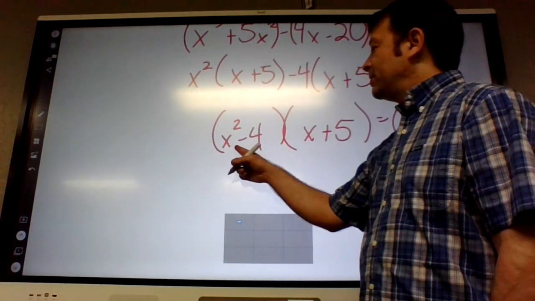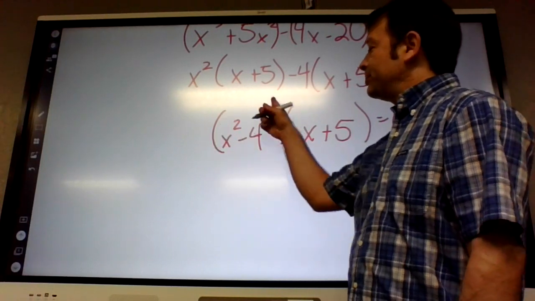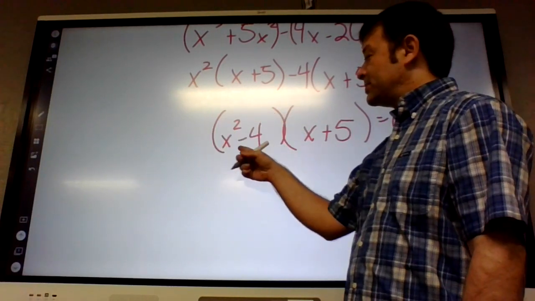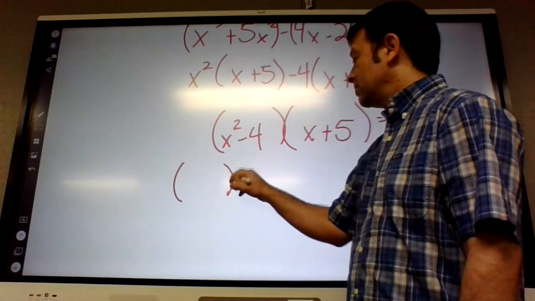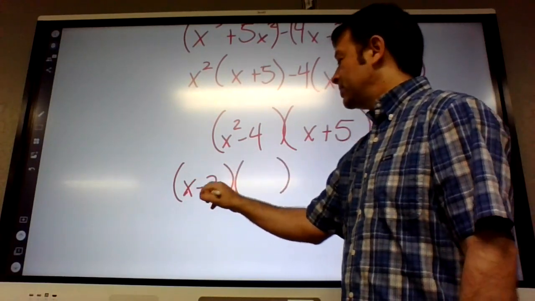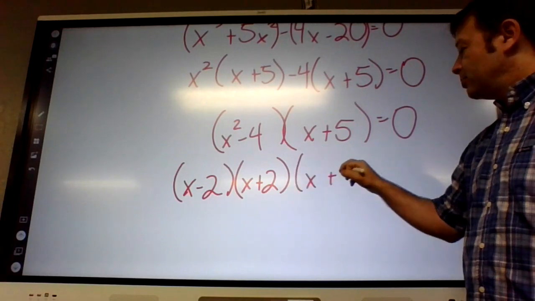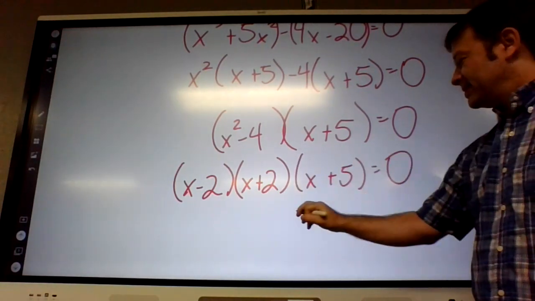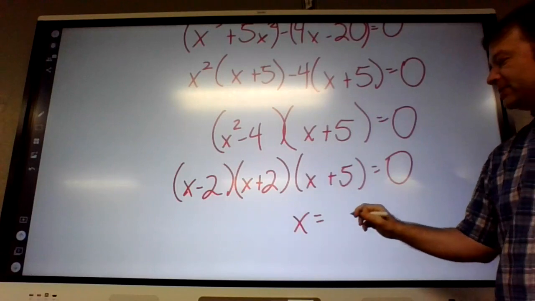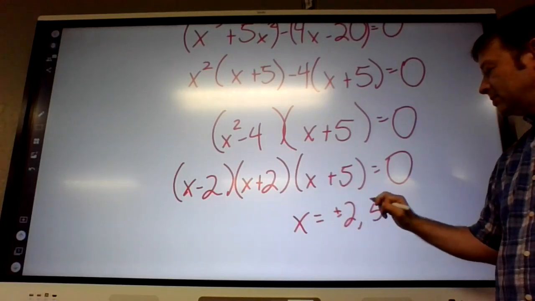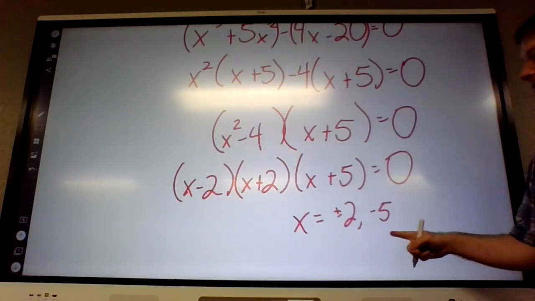Okay, this doesn't usually happen, but this thing actually factors again, right? What's that factor to? Plus 4. X minus 2, x plus 2 is the square minus the square. And then what are my answers? 2, -2, and -5.